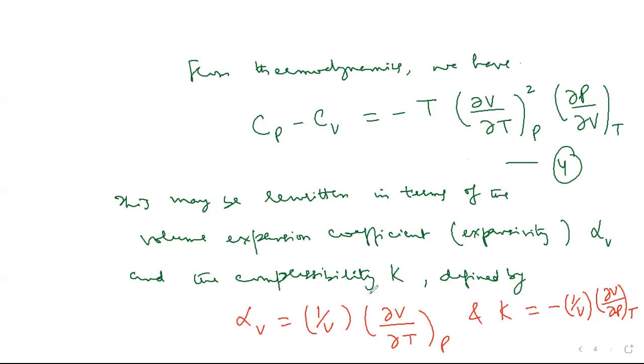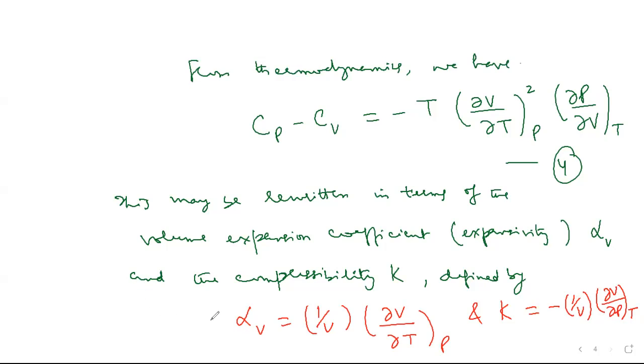Remember, this expansivity is actually what? It is fractional change in volume per unit change in temperature, keeping pressure constant. And isothermal compressibility is the reciprocal of bulk modulus. You know it. This compressibility is sometimes called isothermal compressibility because we are keeping temperature fixed when we define it.